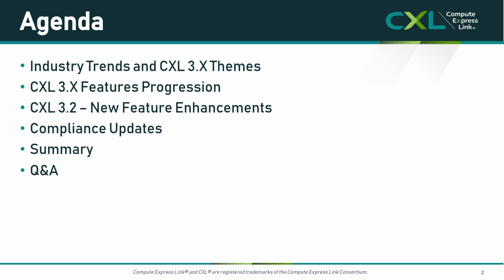Many of the features that we see were introduced in 3.0, and then we built on top of that in 3.1 and 3.2. In addition, when we released 3.2, we also added some brand new features, just starting fresh. So we'll go over that as well. We'll touch upon compliance update, summary, and then Q&A. Okay, so let's dive in.